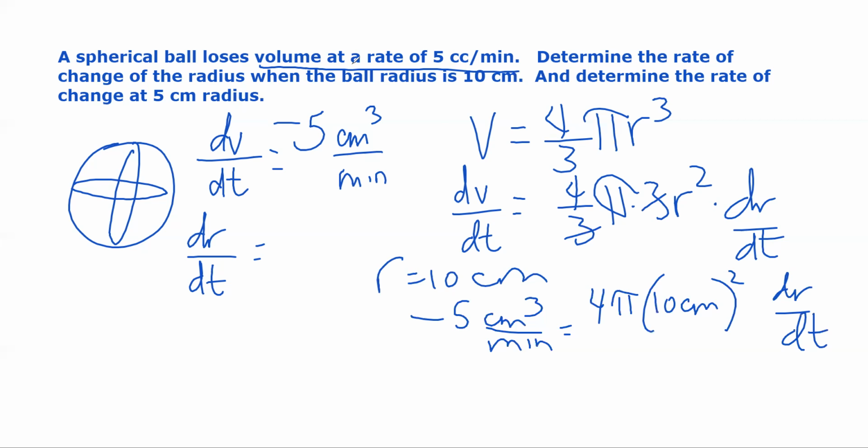Now, you're going to end up dividing both sides. And when we divide both sides, your units are going to evolve into just centimeters per minute. We're going to divide -5 by 4 times 10 squared times pi.